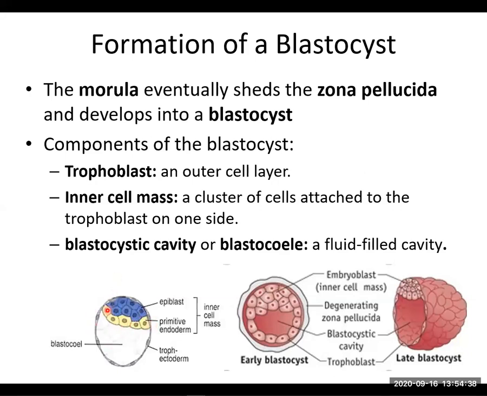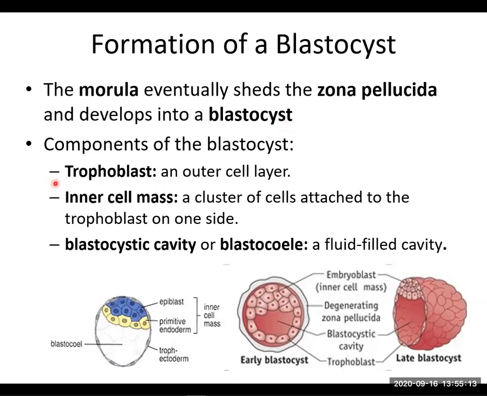So this is the blastocyst. From the morula, eventually the zona pellucida cannot hold the entire thing anymore, so it degrades. After that, the morula turns into the blastocyst. The blastocyst can gradually expand. It contains the cells divided from the very first zygote, which turn into two groups of cells.